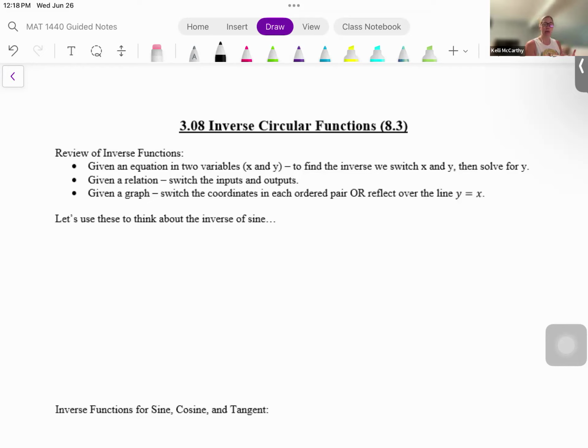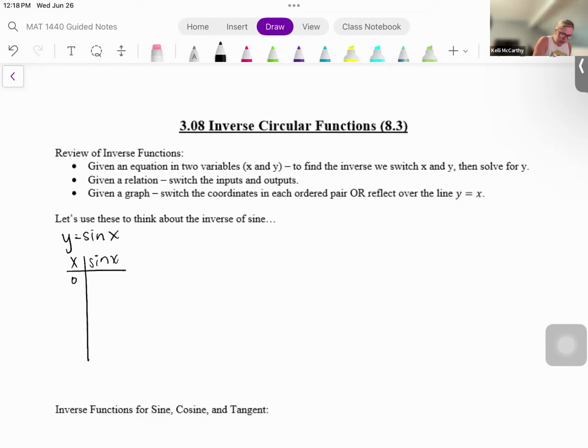So let's think about how this relates to sine of x. We're going to look at the equation y equals sine of x, and we're going to use that table of values we used to graph this function previously in a previous unit.